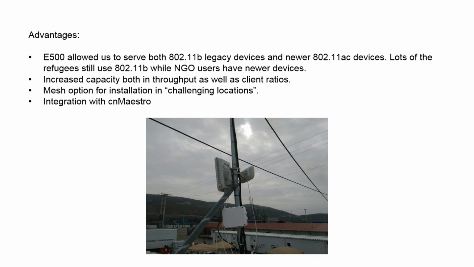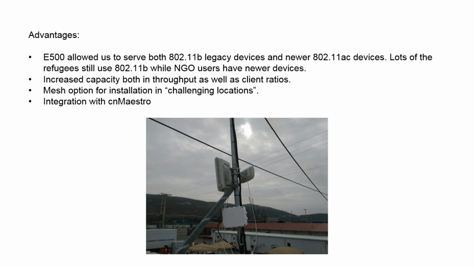Having the dual radios also allows you to split it out by service level as well as encrypted or non-encrypted. I'll show you some graphs later in the presentation comparing the level of legacy devices to newer devices, but we'll get to that in a point.